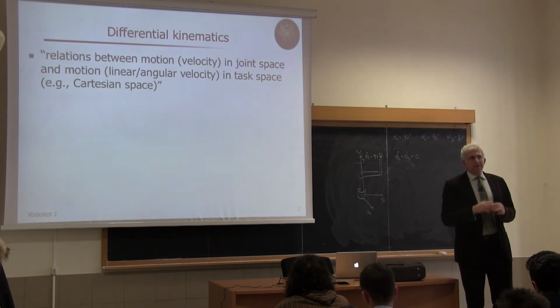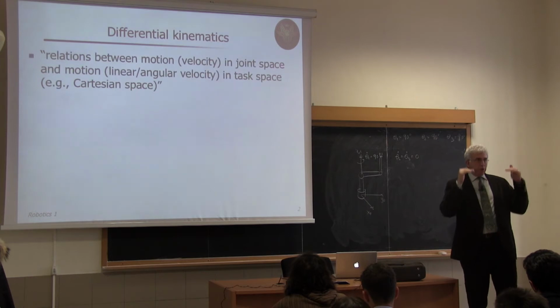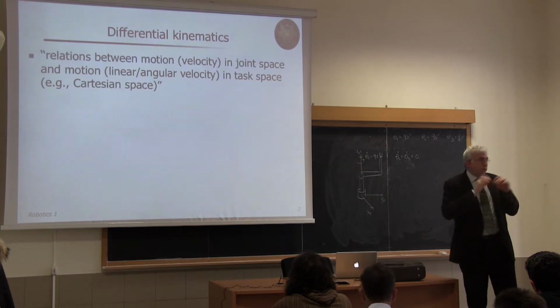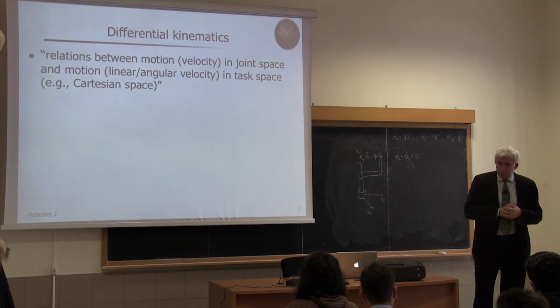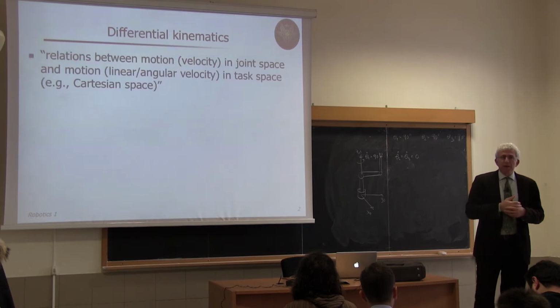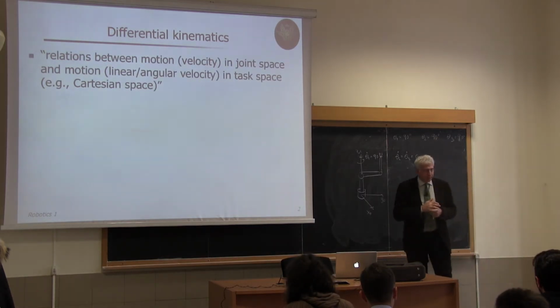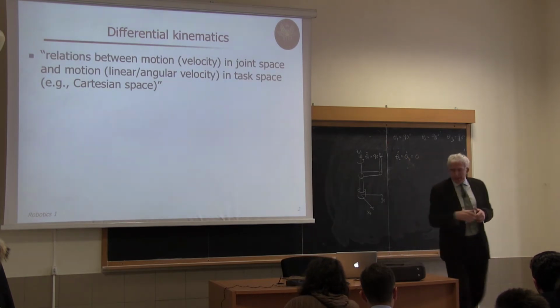And luckily enough, it's simpler than the inverse kinematic problem because we work at the differential level, and for a given configuration, this mapping is linear. So we have to invert or solve a set of linear equations. Although the problem appears to be more complex, in fact it's a bit simpler than inverse kinematics. And we will see this later on.